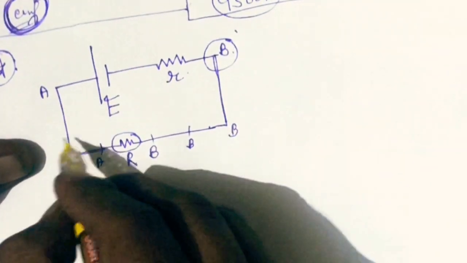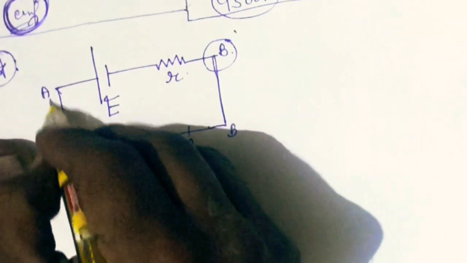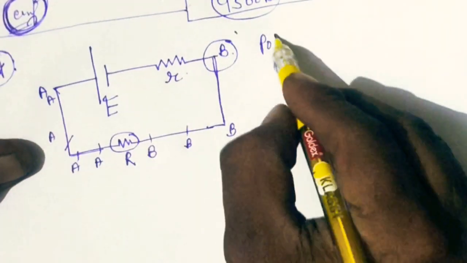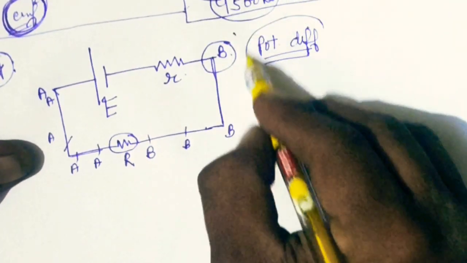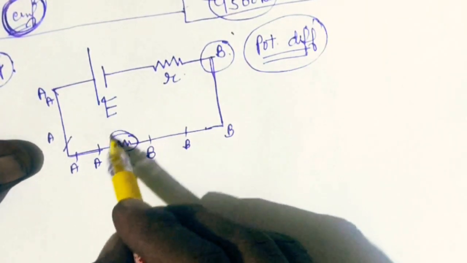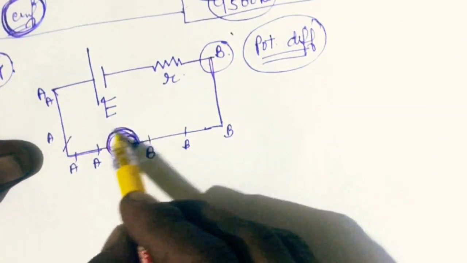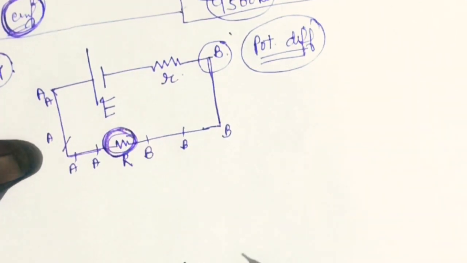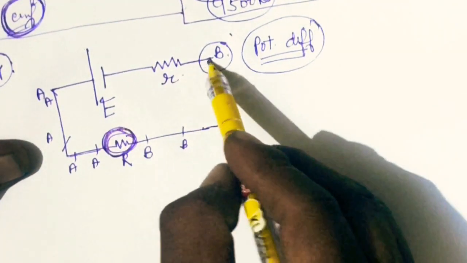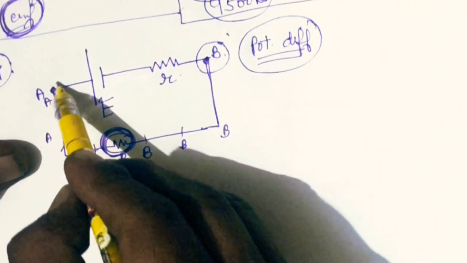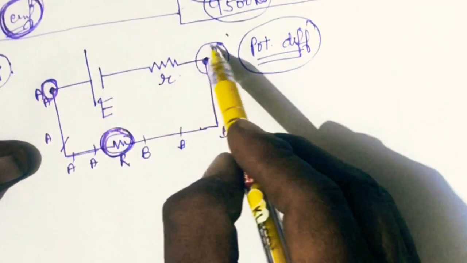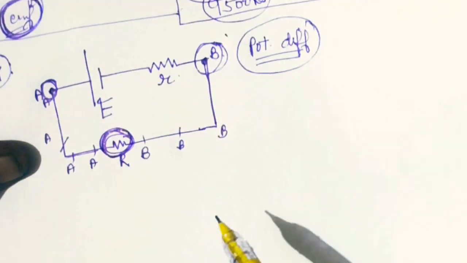So we can define potential difference by two methods. Either potential difference is whatever this capital R receives, or it can also be said to be the value present between A and B.